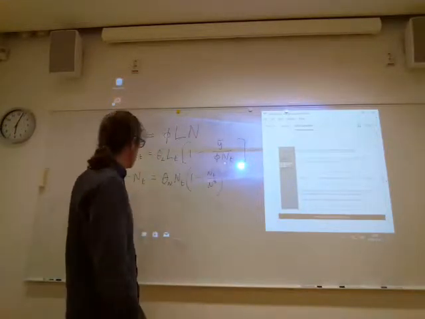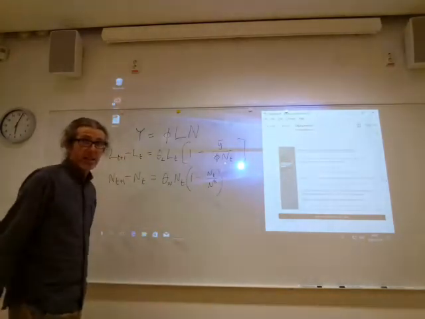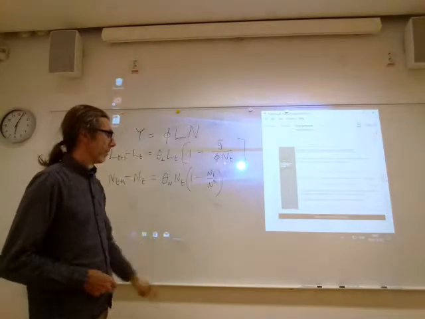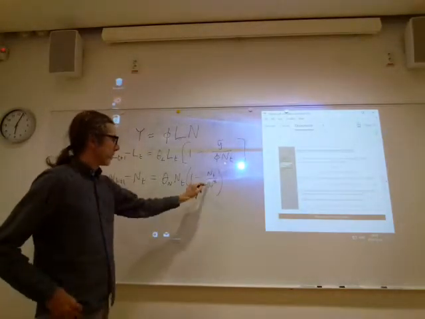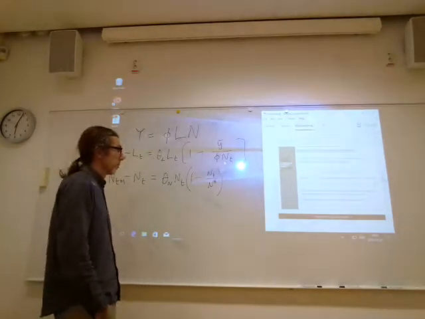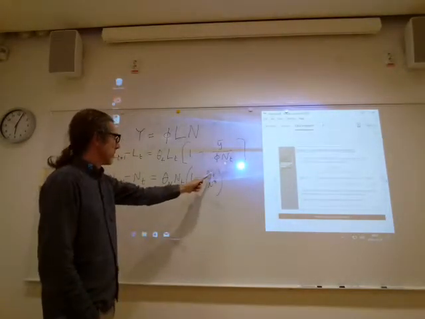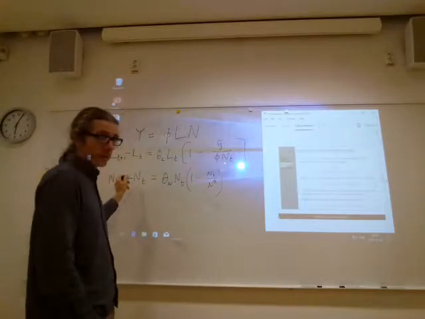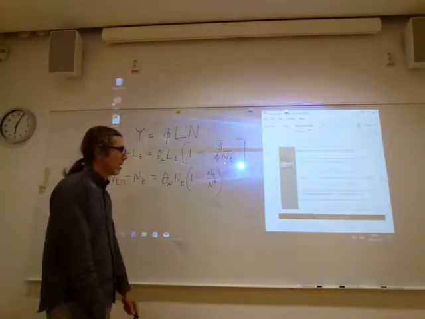So now we've gone back to the classic logistic way of setting this up. So n star is the carrying capacity of the environment for these animals. Nt is the actual number. If nt is less than n star, the numbers will be going up, and so on.